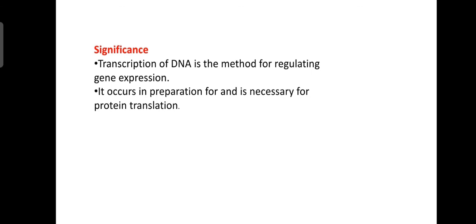For this purpose transcription is needed, and it occurs in preparation for and is necessary for protein translation, as we have already said. Translation can take place only if transcription occurs first, because transcription is the first event and translation is the second. These are the significance of eukaryotic transcription.